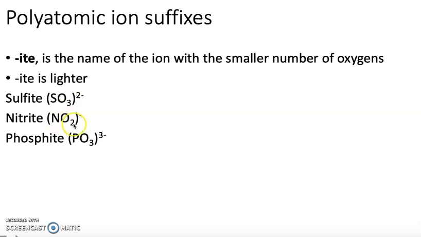Nitrite is NO2. Phosphite is PO3. They're all in parentheses, and they all have a charge. Now, the ATE ions that we saw a slide before were sulfate, nitrate, phosphate. They all had one more oxygen. These are the ITEs, so they're lighter. They have one fewer oxygen each.